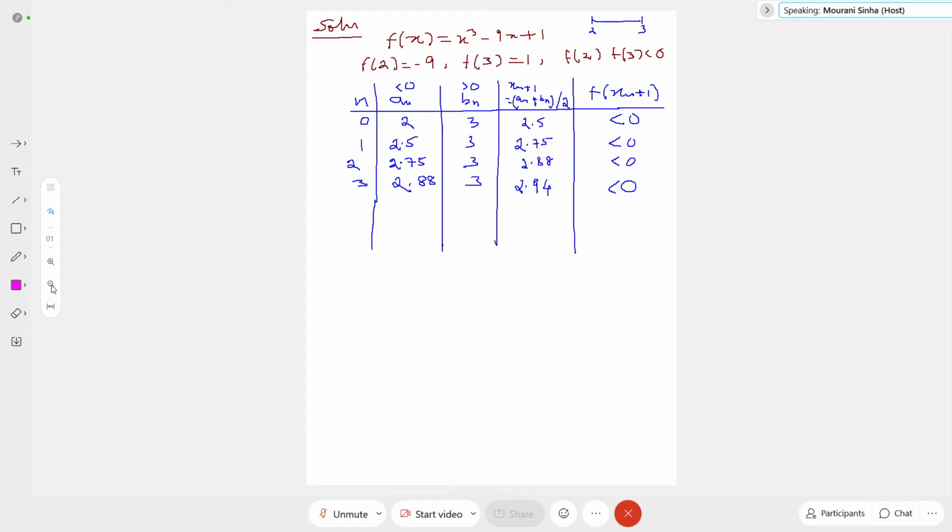So in the fourth iteration, your 2.94 goes to the negative column and the positive column remains the same. Okay, what's the next xn plus 1? Yes, 2.97, right.